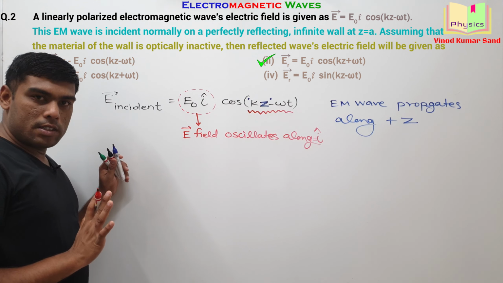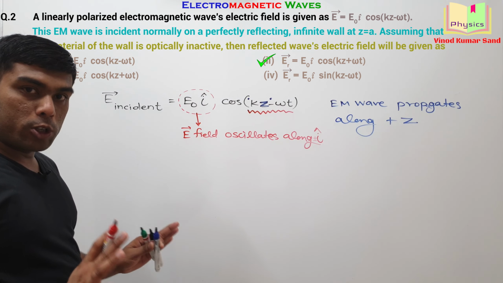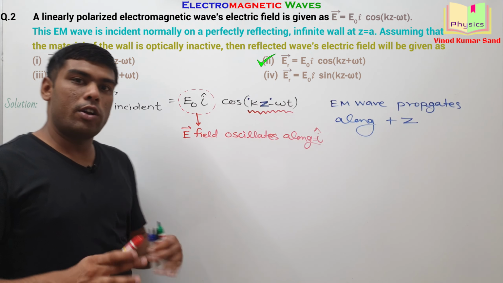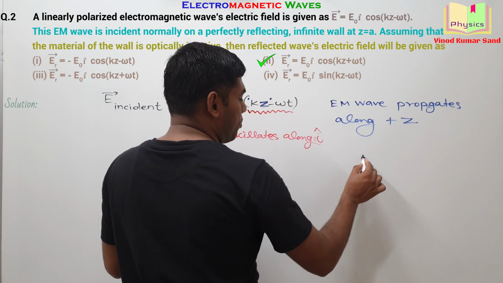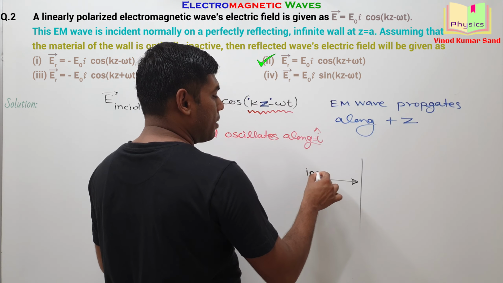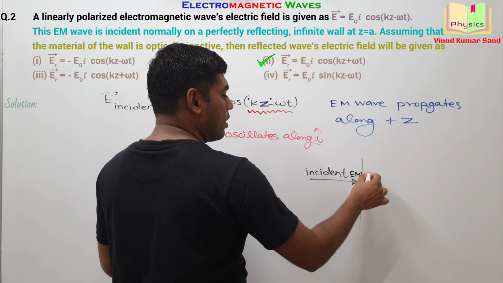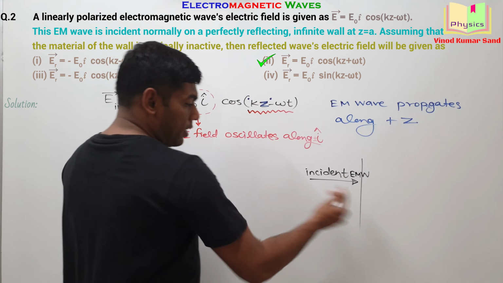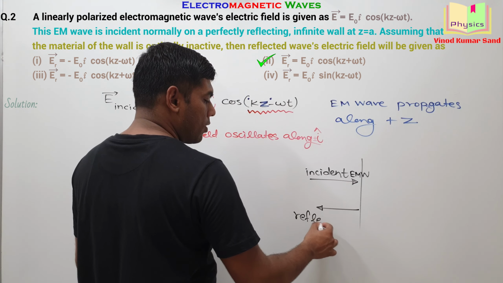The incident electric field oscillates along which direction? Do you get this? Now we have to choose a correct option for the electric field associated with the reflected wave. See, if this is the wall and here is the incident electromagnetic wave, then how will be the reflected wave? It will be moving in this direction. Do you agree?